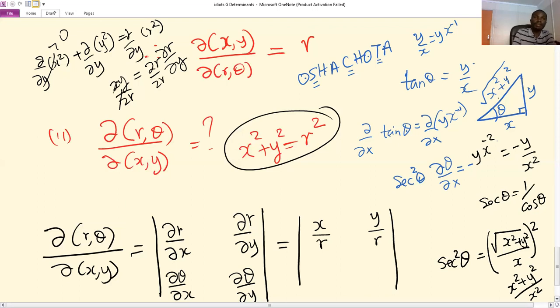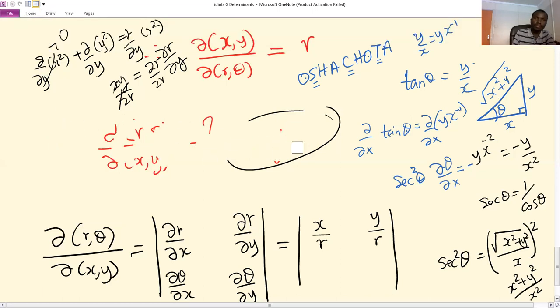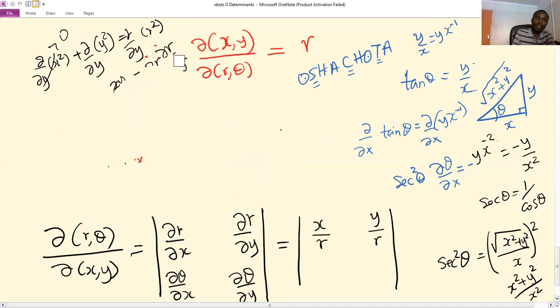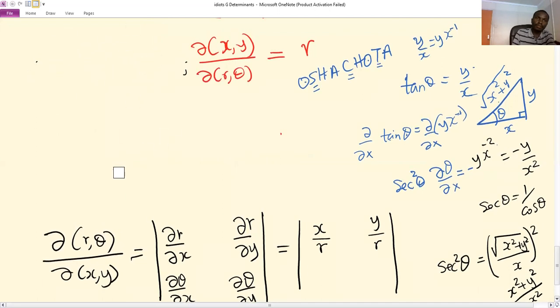So we have x squared plus y squared over x squared, partial theta partial x, at this point here equals -y over x squared.